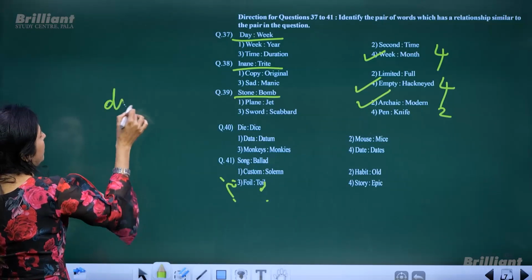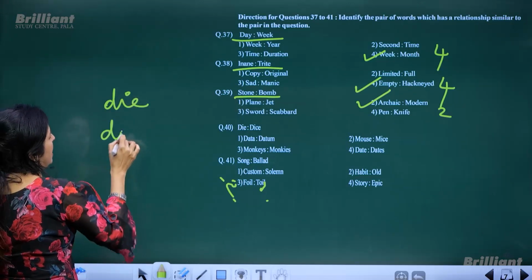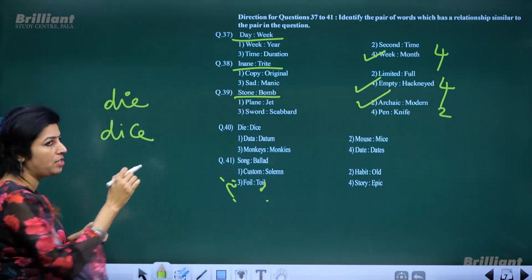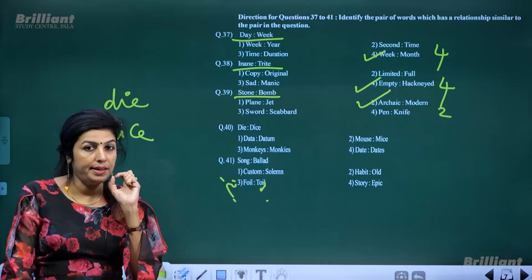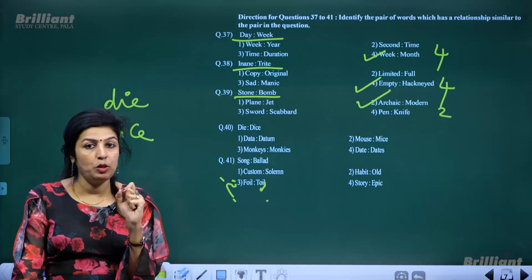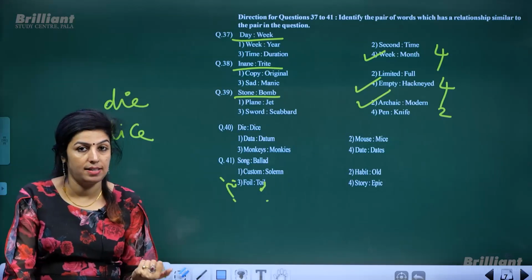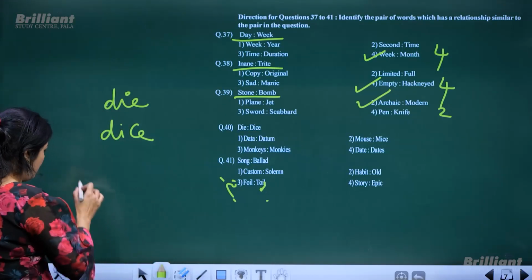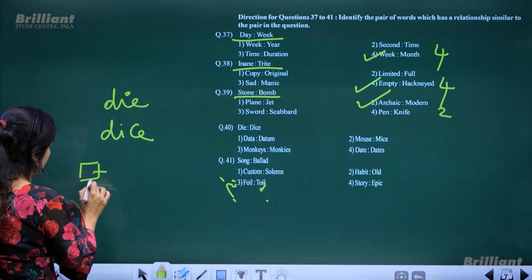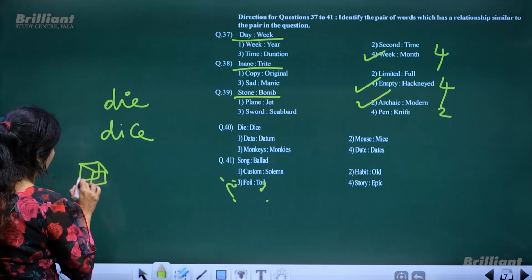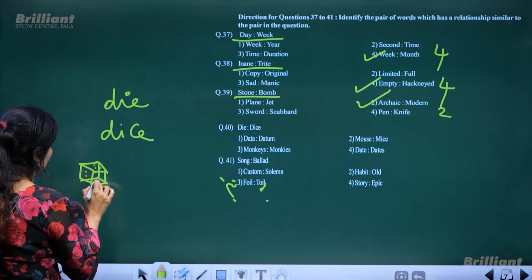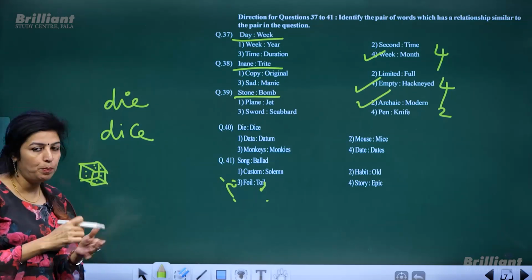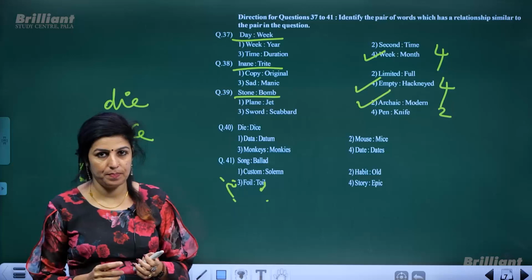Die. See, there is another meaning for die. It's not connected with death. In casinos and all, haven't you seen people playing with dice? That cube-like structure which has got 1, 2, etc. You play with dice in casinos.